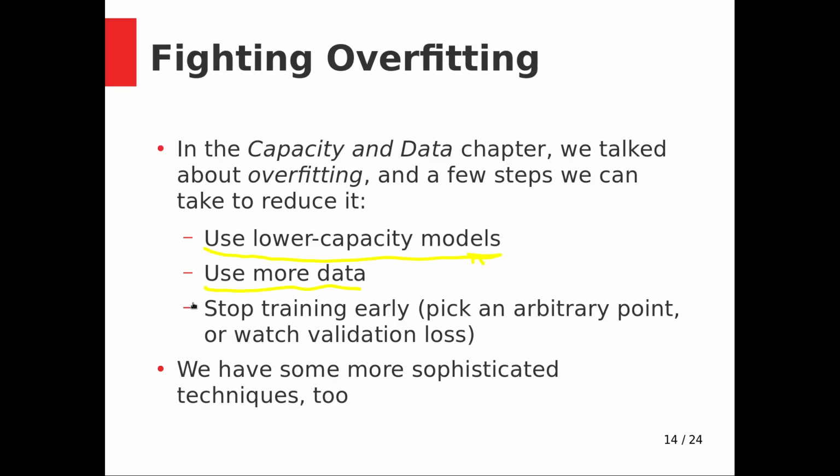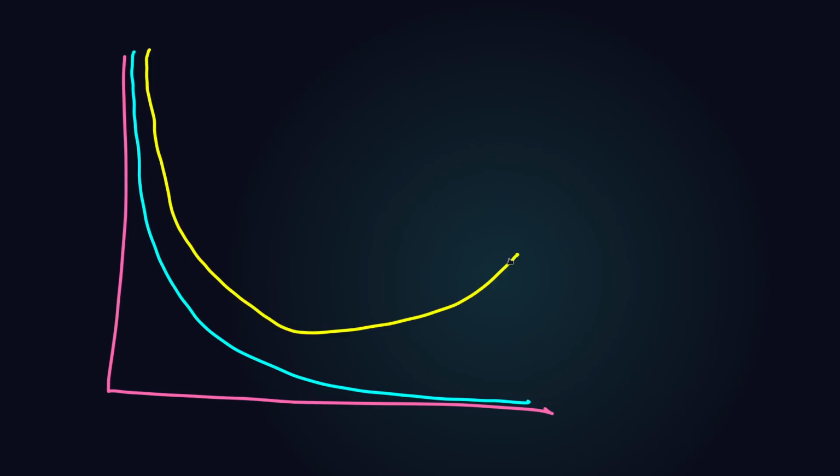A third, and somewhat trivial one, is just to stop training early, and I wish I hadn't erased that graph now, right? So by stop training early, what I mean is, if we know our graph looks like this, we do a couple of runs to estimate where about this point is, and then we just stop training right there, right?